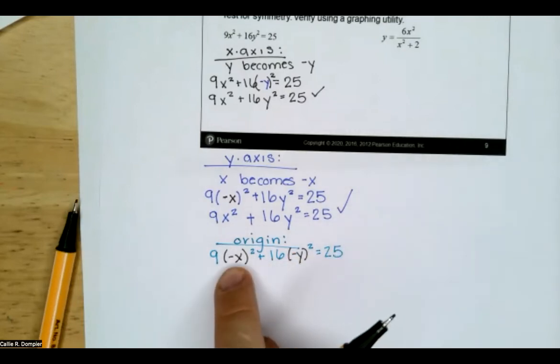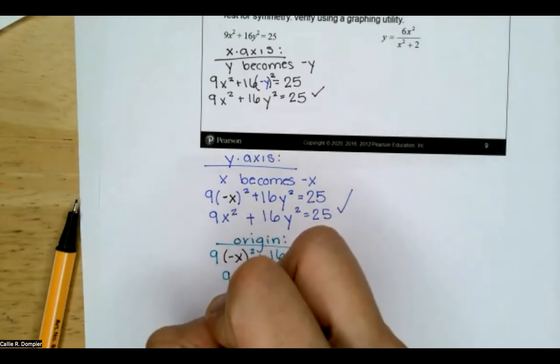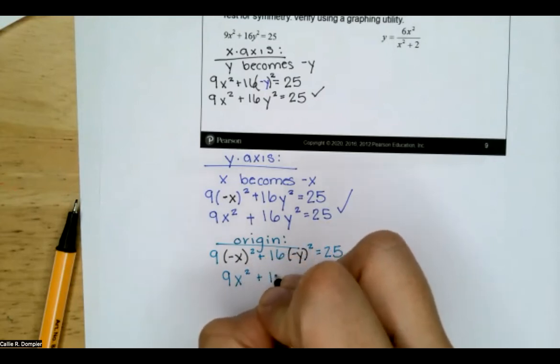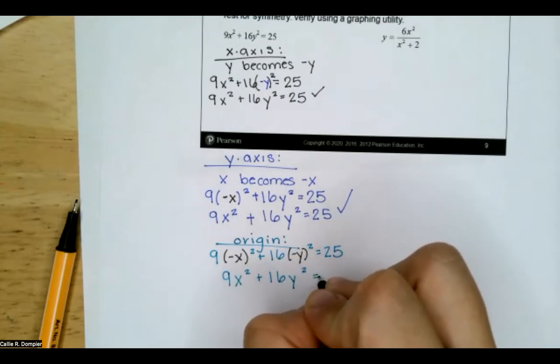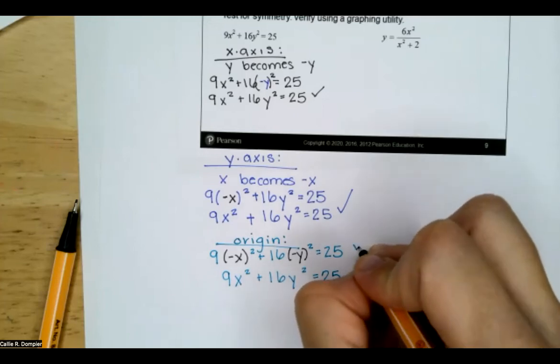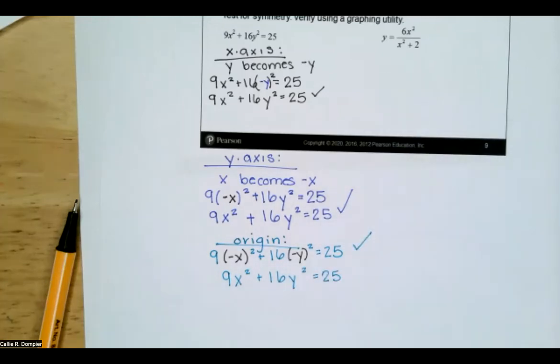Because I'm squaring that, it is the same as a positive. So this is symmetric with respect to the x-axis, the y-axis, and the origin.